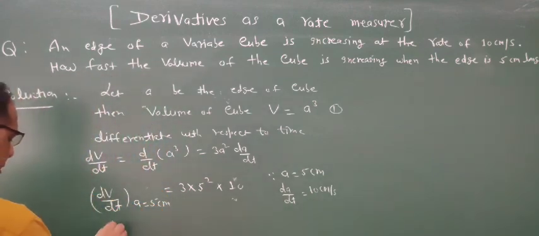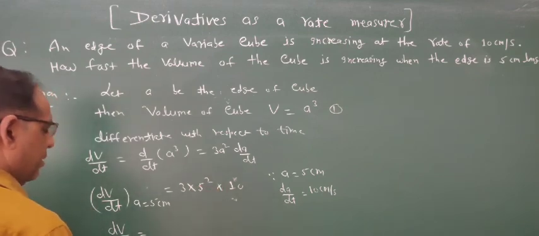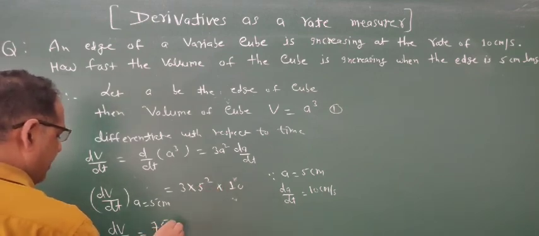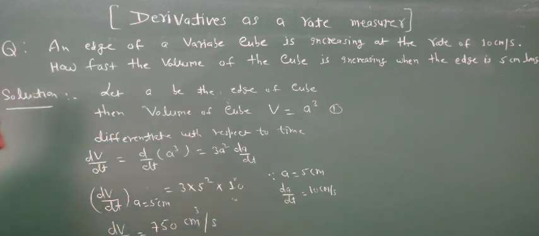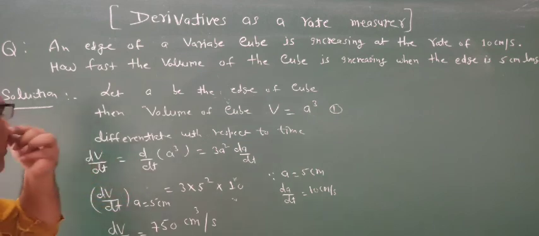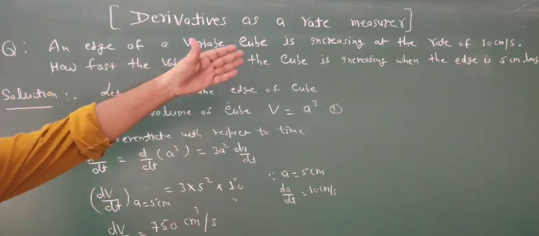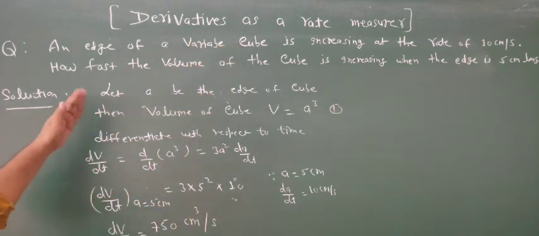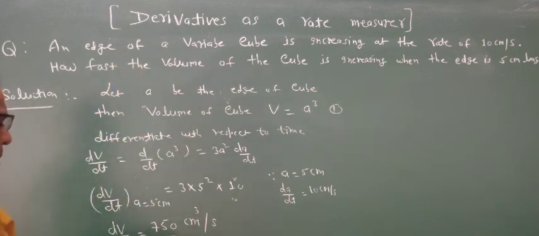So dV over dt is 5 5s are 25, 750 cubic centimeter per second. This time we differentiate volume with respect to time because the rate of change in edge is given with respect to time. So this is the rate of increase of the volume of the cube, 750 cubic centimeter per second.